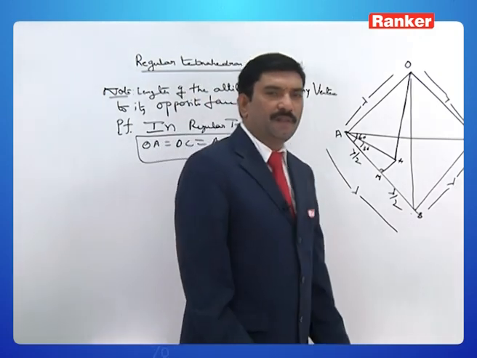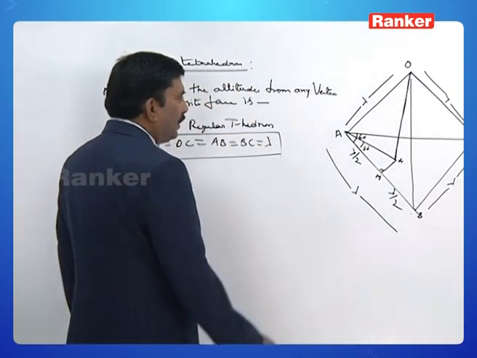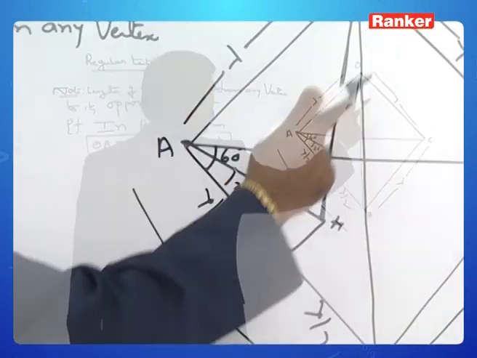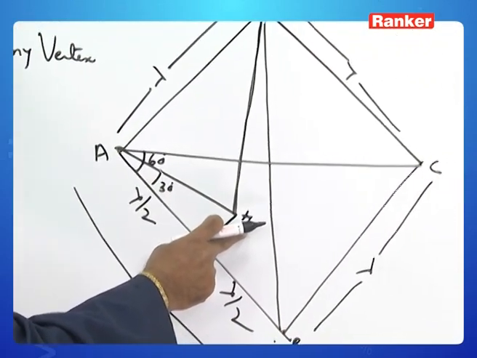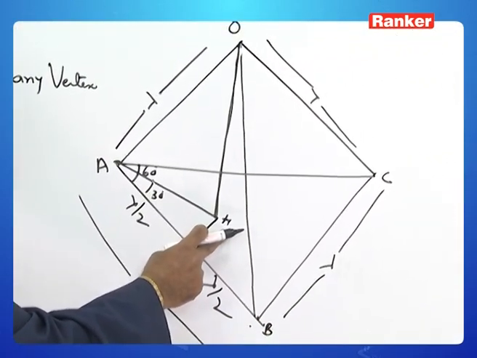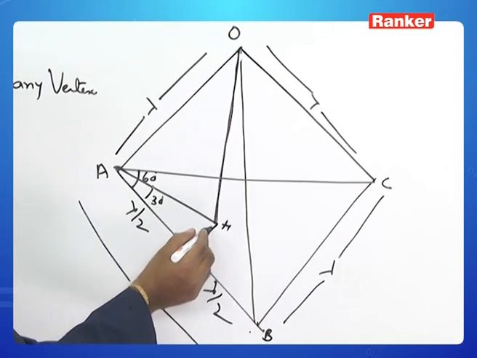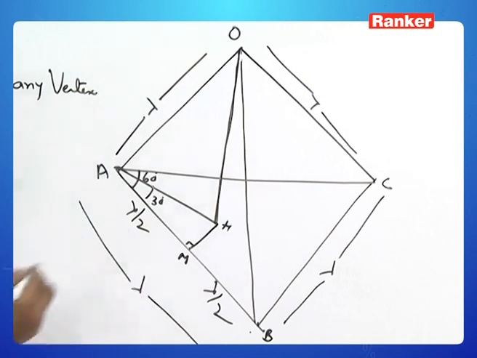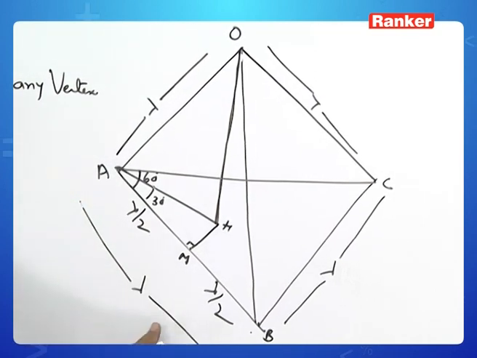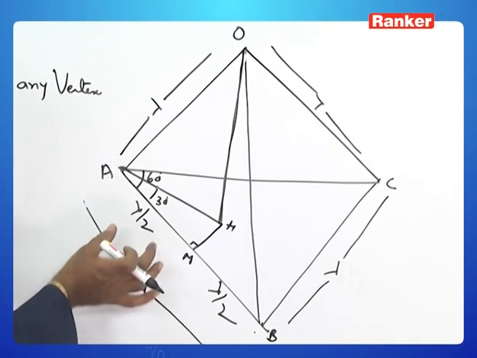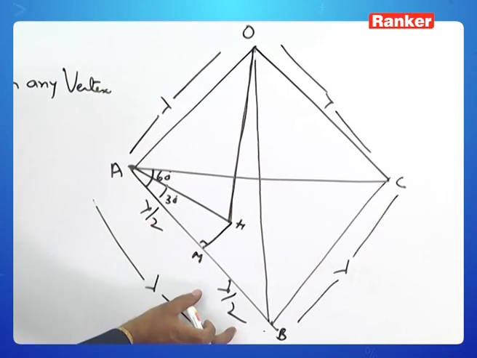The lengths of all the sides are equal. Draw a line from O to this face, called H. It's a perpendicular. From this you construct a small triangle. HM is perpendicular and M is also the midpoint of this side. When the total length is lambda, this length is lambda by 2.